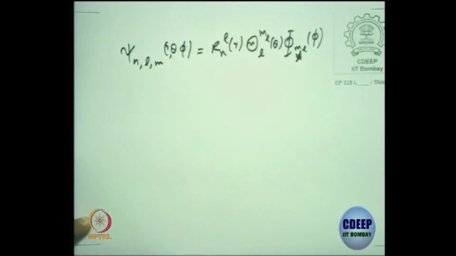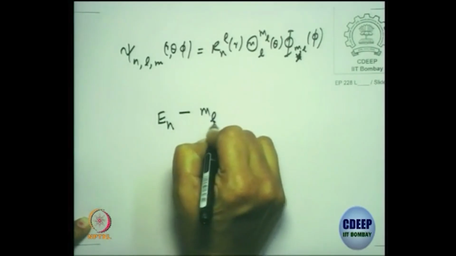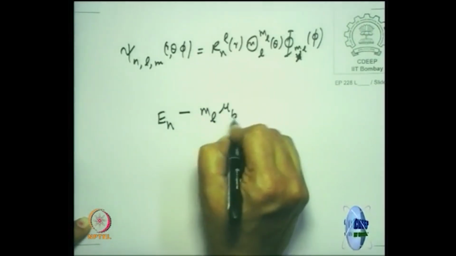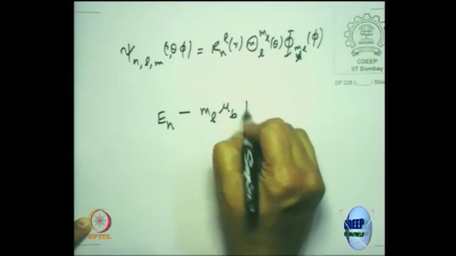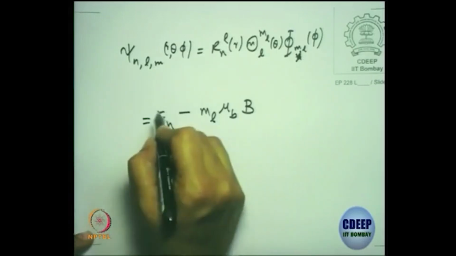And that keeps adding to your energy eigenvalue. So whatever you found, E_n will get an ml mu B. That's what will happen.